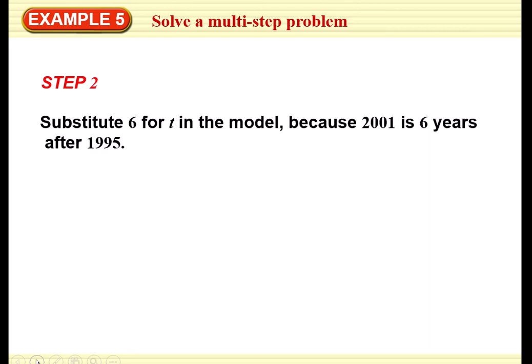And then substitute 6, since it is 2001 and that is 6 years after 1995. So into my polynomial, I substitute in 6, and I need to be very careful if I'm typing it into my calculator because I'm dealing with exponents, and my calculator is always going to work in the correct order of operations.